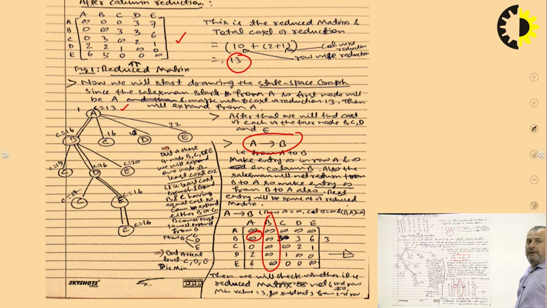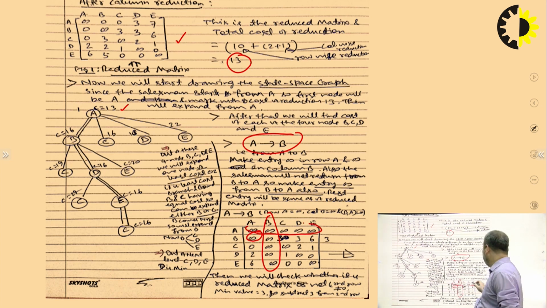Clear? So in the subsequent nodes, this process has to be adopted. Here, A to all, meaning the first row, and the second column have been made infinite, and one more, B to A, should be marked as infinite.